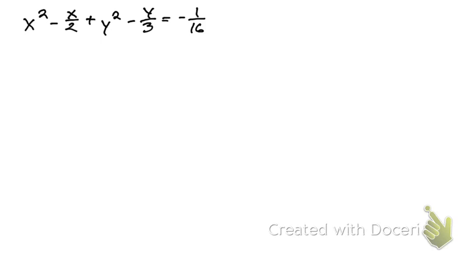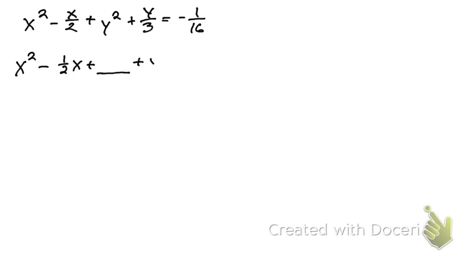Well, when I am completing the square, I'm going to picture this as being x squared minus 1/2 times x. Did I have it? Oh, it'd be plus. Okay, yep. It'd be plus because I'm moving it to the other side. So then we'd have plus something that's going to complete the square.